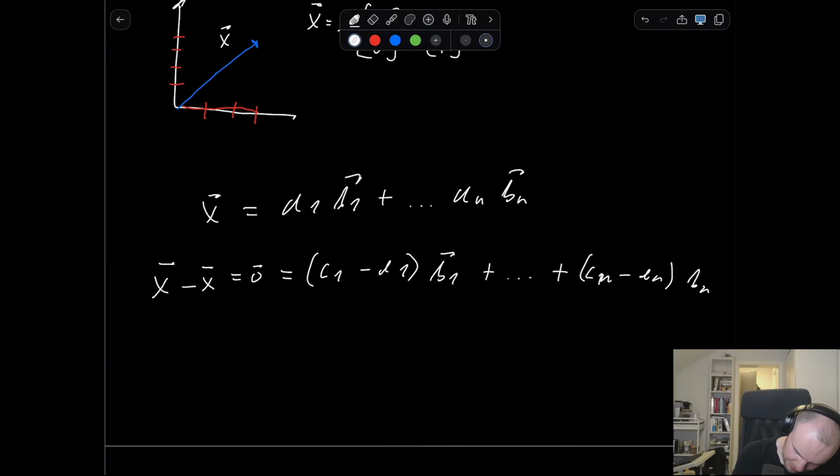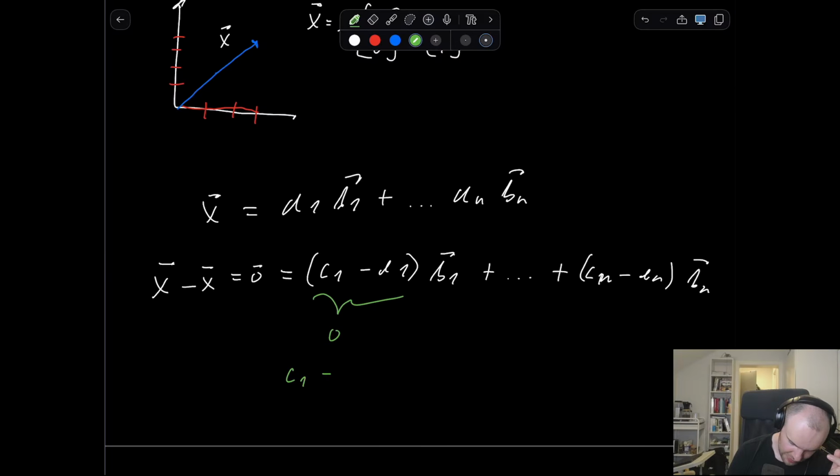And now, of course, since b1 up to bn are linearly independent, it's only the trivial solution, which means that this has to be 0.